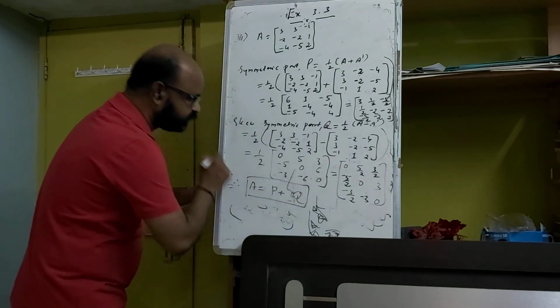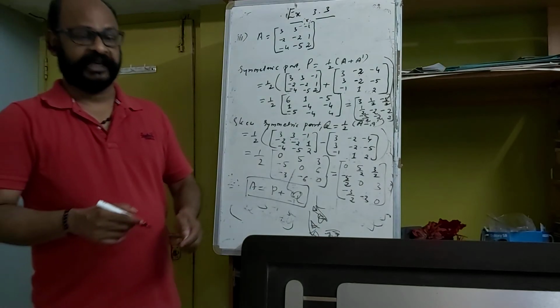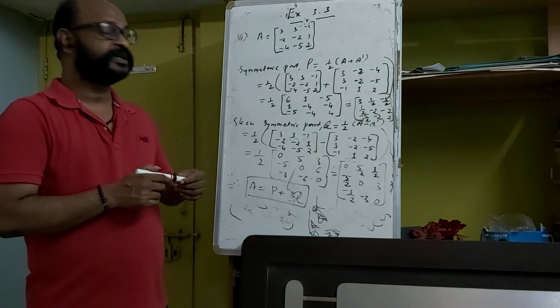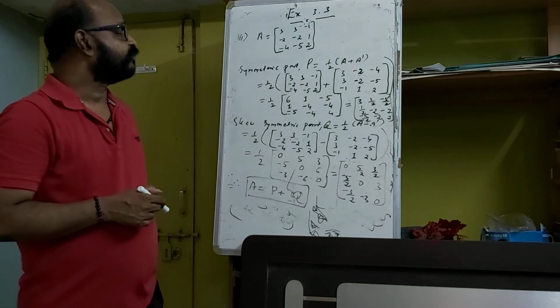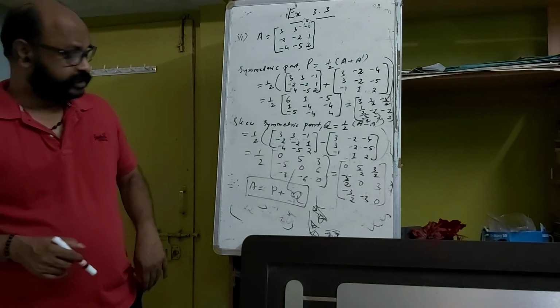Okay, so this is the expression for A, means the square matrix A as the sum of a symmetric matrix and a skew symmetric matrix.